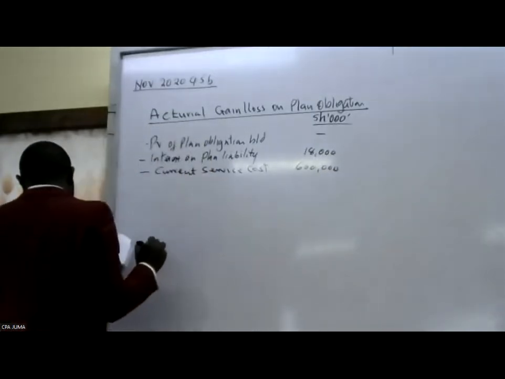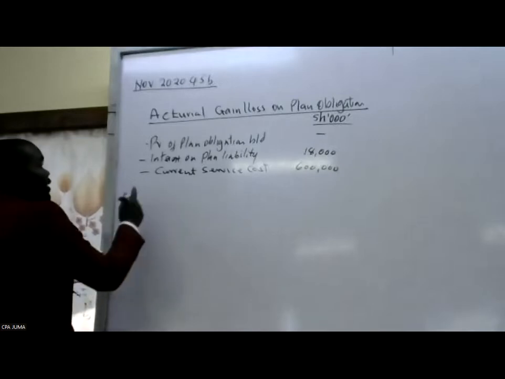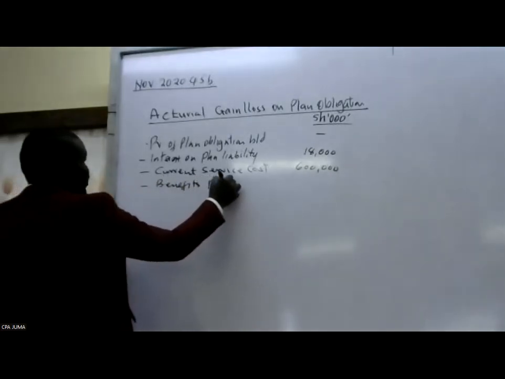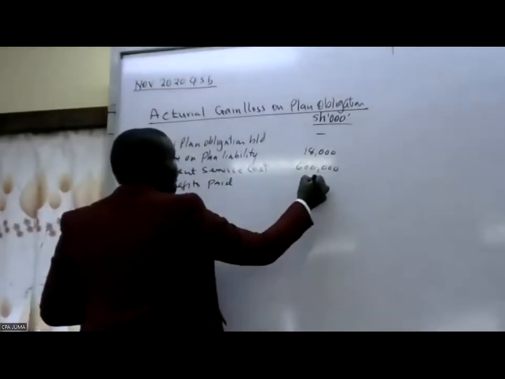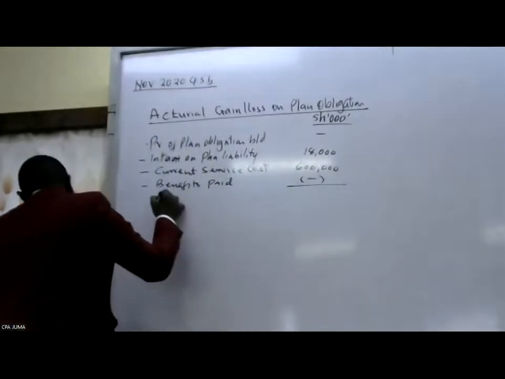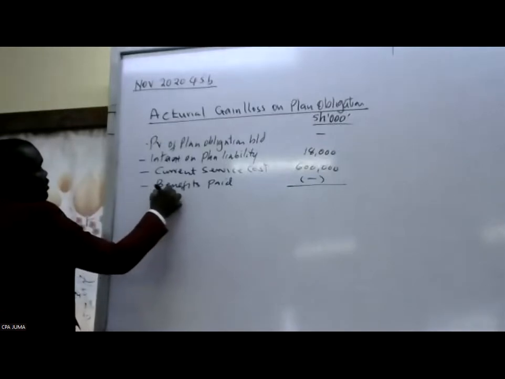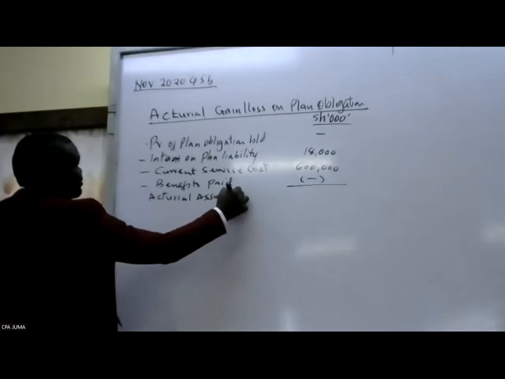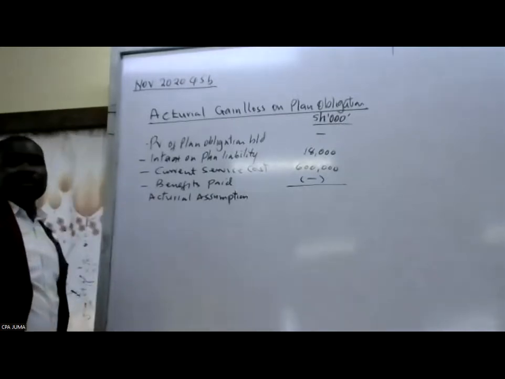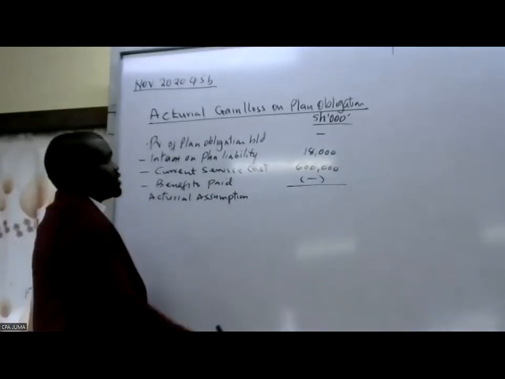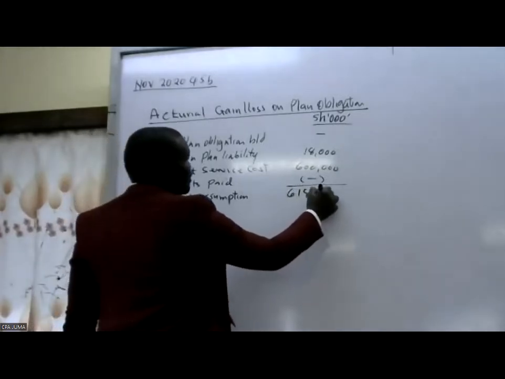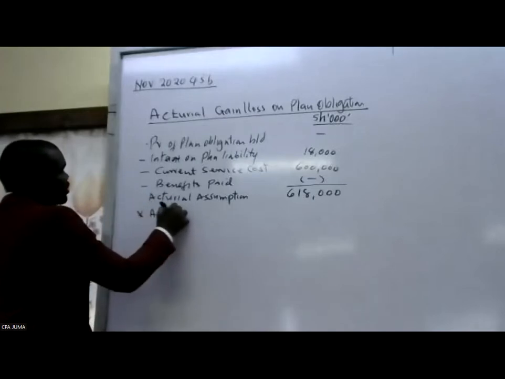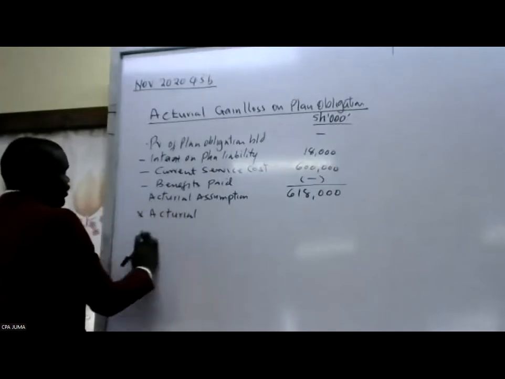Benefits paid. Was there benefits paid? There is nothing like that. Therefore, actuarial assumption is how much? 600 and 18. So we have actuarial, I don't know.